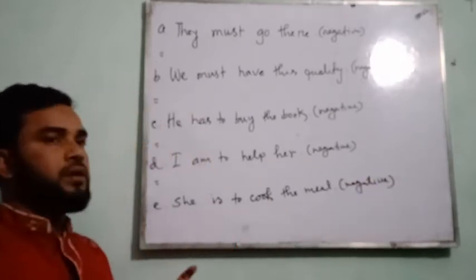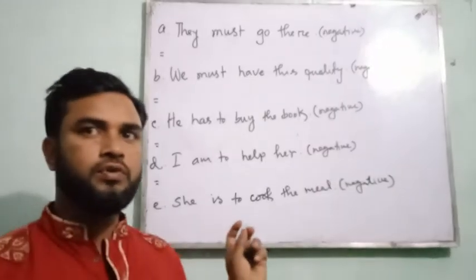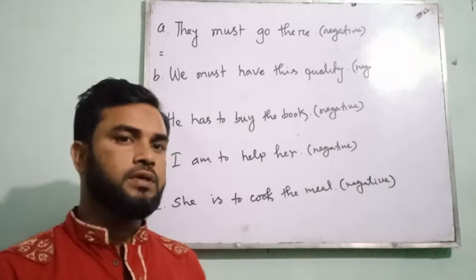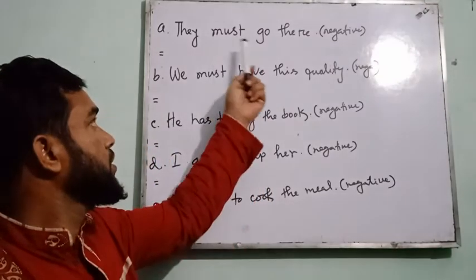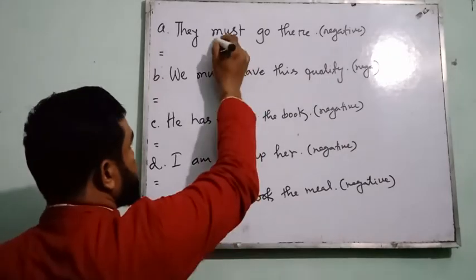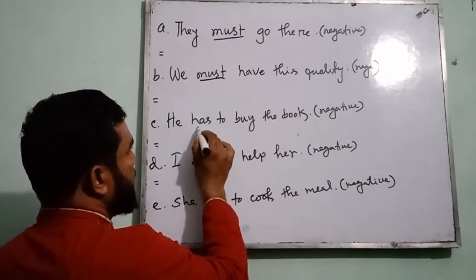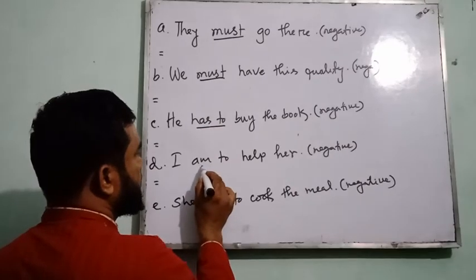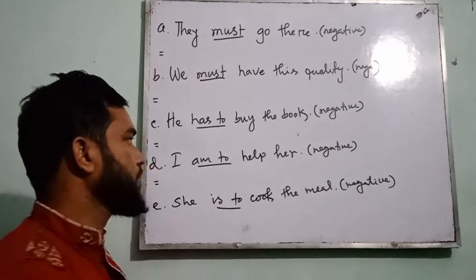Now, if we go through these sentences, we can see that they contain must, has to, and is to.